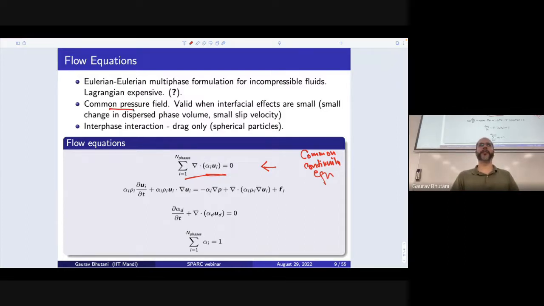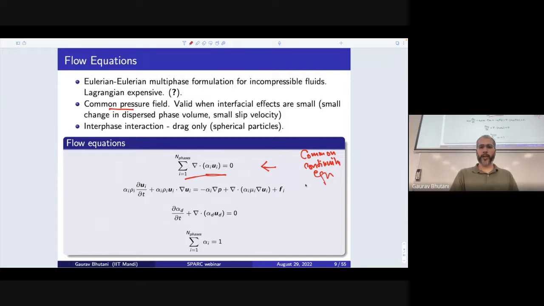But if you have very strong interfacial effects and surface tension effects are very large, then definitely the pressure inside a gas bubble, for example, and the liquid will be very different. But if those interfacial effects are small, then we can assume that more or less the pressure is the same in both. So this is an assumption we are making here.